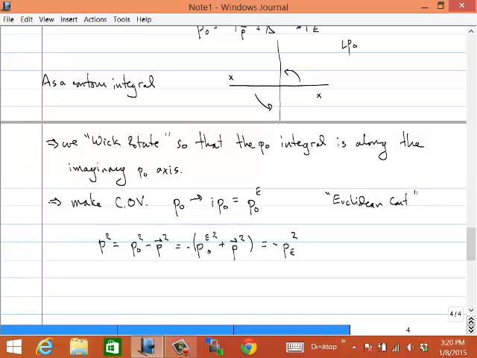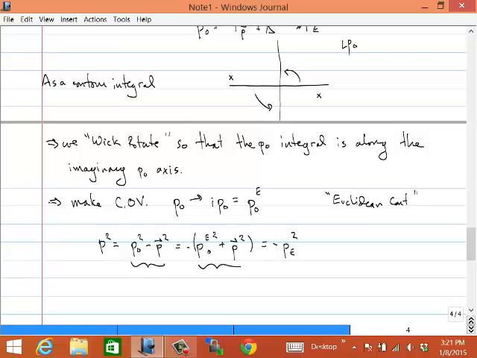And this is called Euclidean because whereas p0 squared minus p vector squared is the characteristic feature of a Lorentzian spacetime, where space and time have different signatures, p0 Euclidean squared plus p squared is the signature of a Euclidean space. So that's Pythagoras, right?